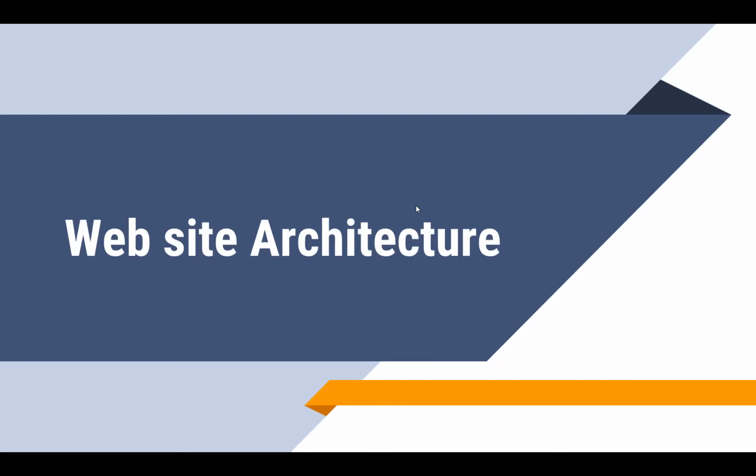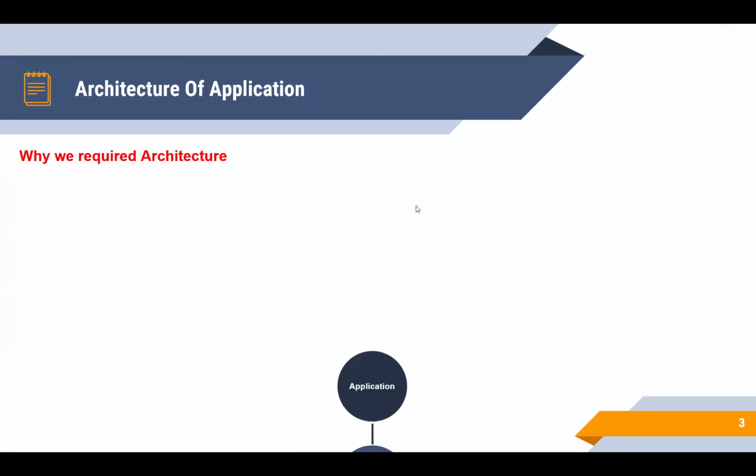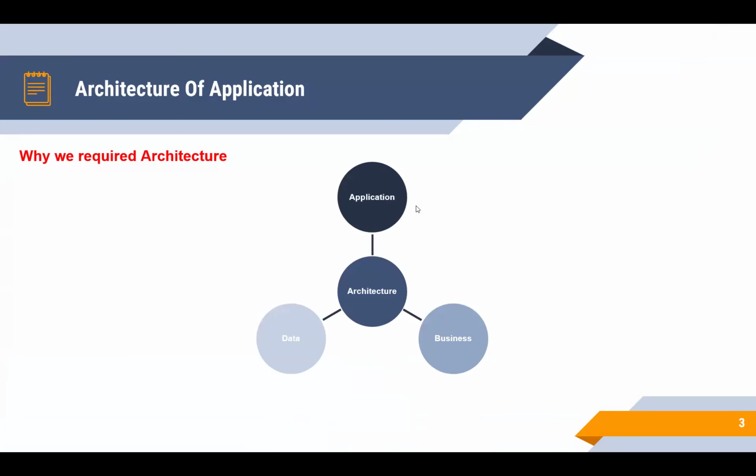Whenever we are talking about the architecture of any application, there are three main important things we have. The first important thing, whenever you are developing any application, is what the user is able to see.